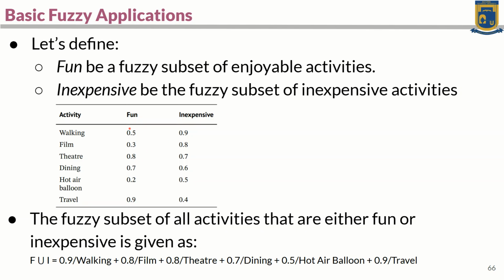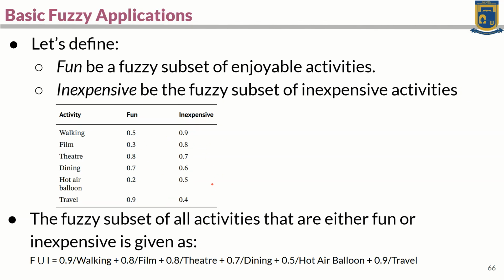If you look at it carefully, we have a degree of membership: how fun is working and how expensive is working. How fun is movies or film, how inexpensive. I've specified all these things over here.